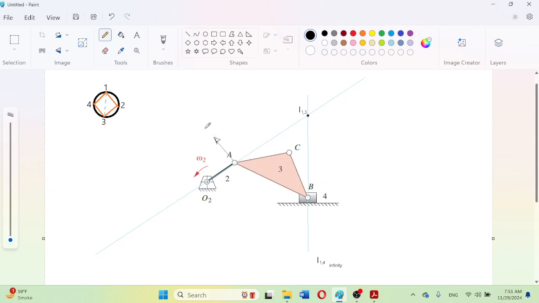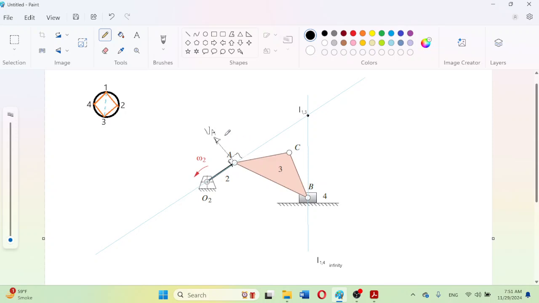This is the linear velocity VA that can be made here. So this will be the velocity VA, and this angle will be perpendicular here, and in this way this will also be perpendicular.